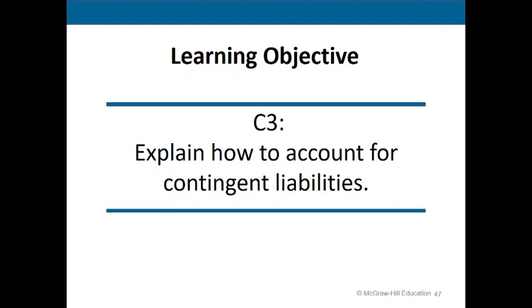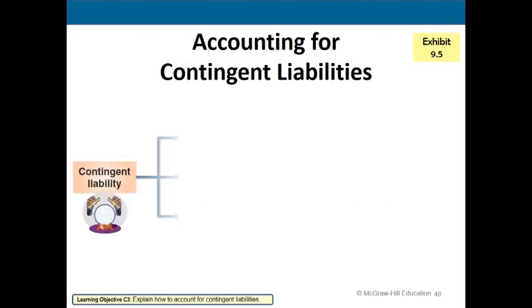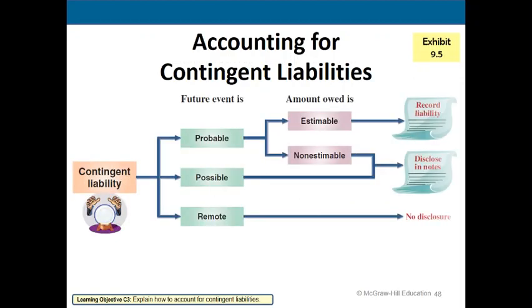Well, what about contingent liabilities such as lawsuits? How do we handle that? Well, it depends on whether the future event is either probable, possible, or remote. Well, what the heck does that mean?